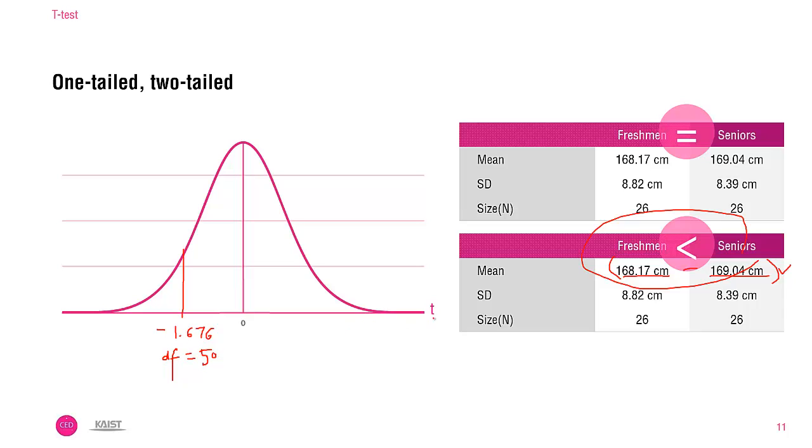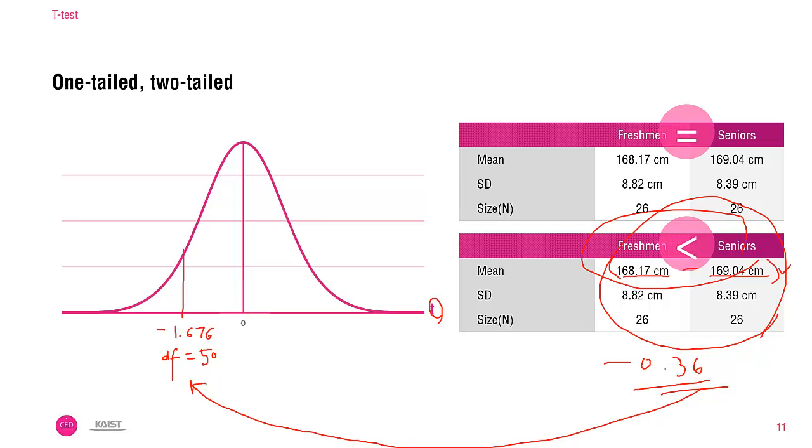This is the t-distribution. With this data, we already know that the t-score was calculated as minus 0.36, which is anyway much smaller than this. So our t-value is positioned somewhere here.